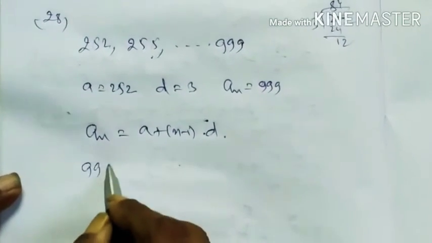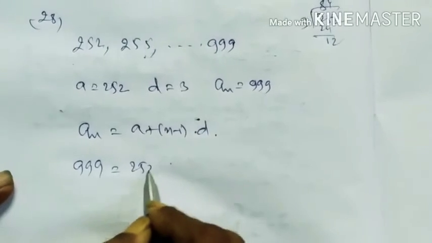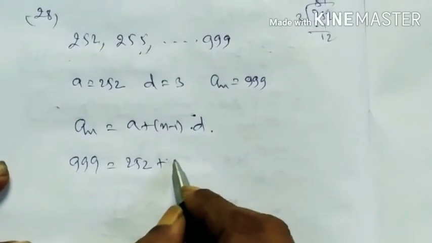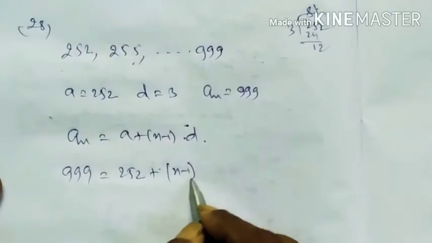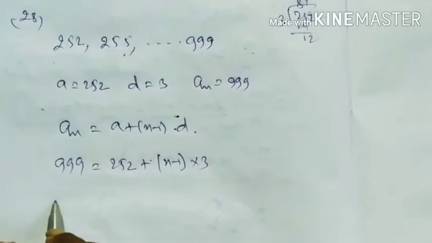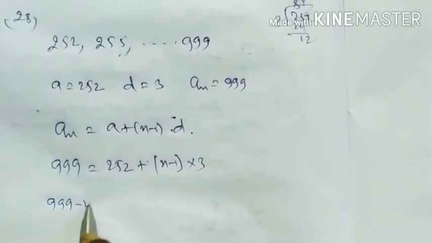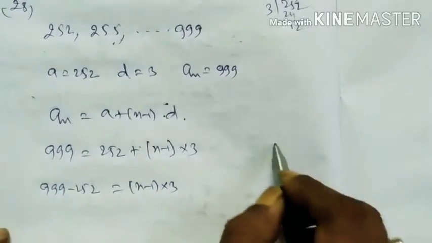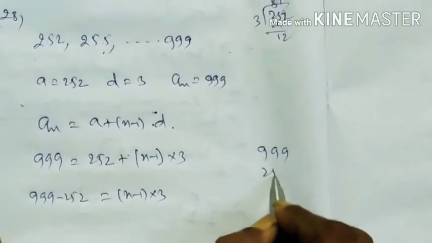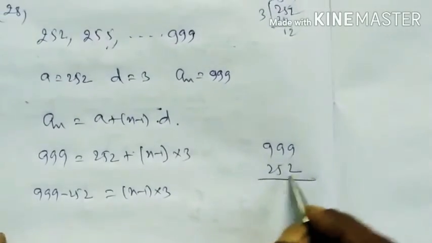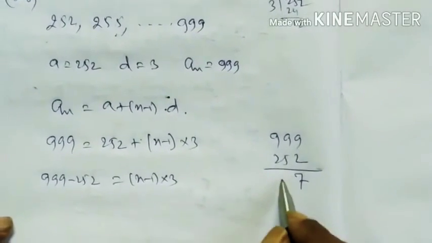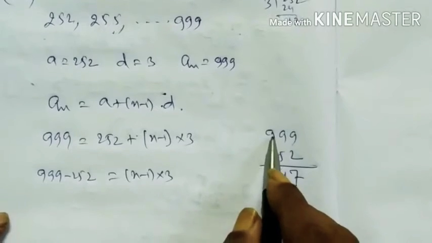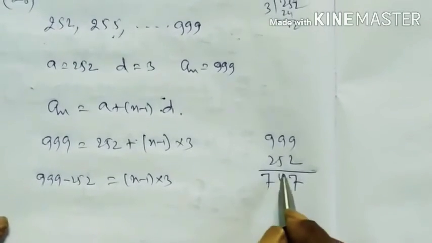999 is equal to 252 plus n minus 1, your d is 3. 999 minus 252 is 747.